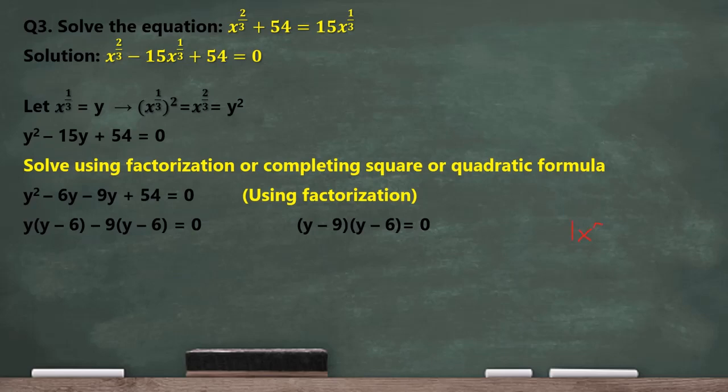So we need to find 2 factors of 54, which are 6 and 9, since 6 nines are 54, and if we add these numbers with negative sign, that is minus 15.